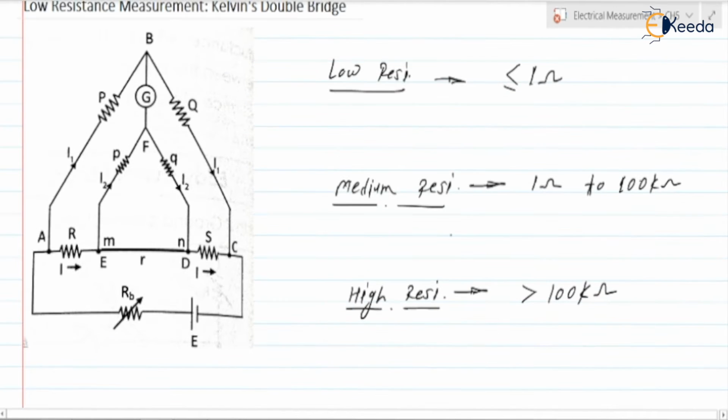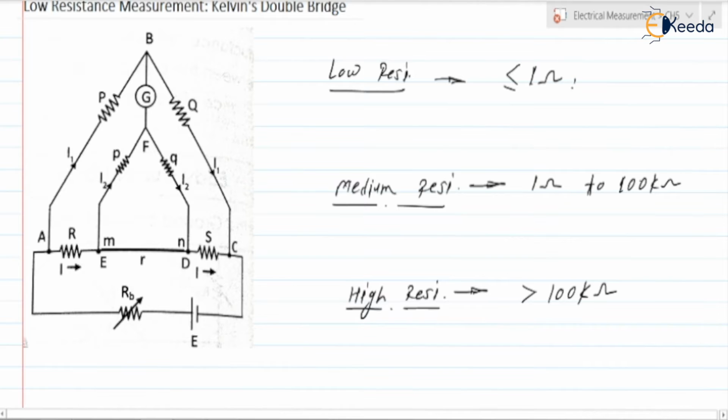Medium resistances are the resistors of DC machine shunt field windings, and the heating coils or heater resistors. High resistance means the insulation resistors, the cable insulation resistors, etc.